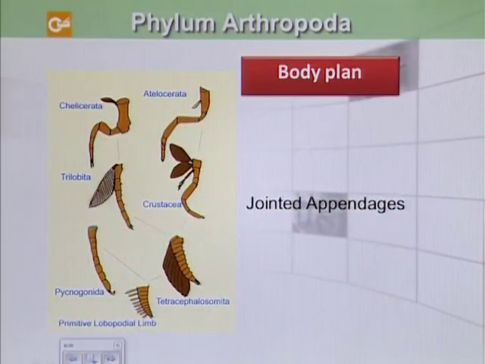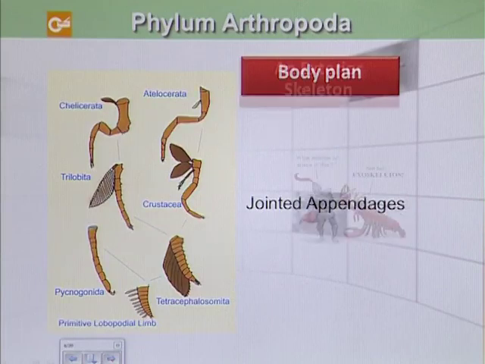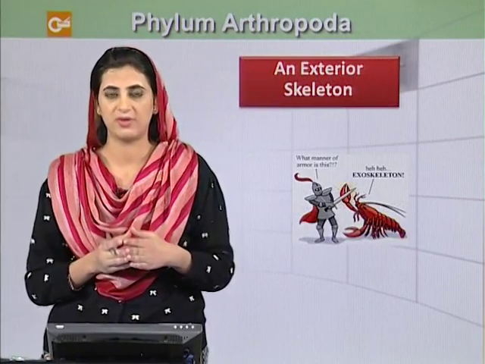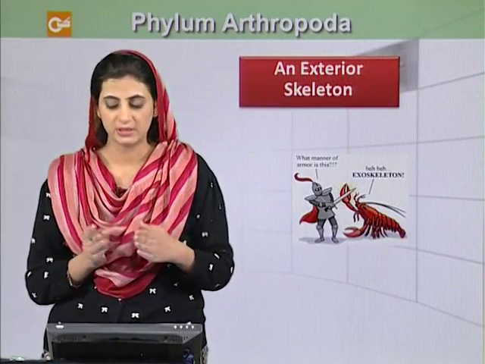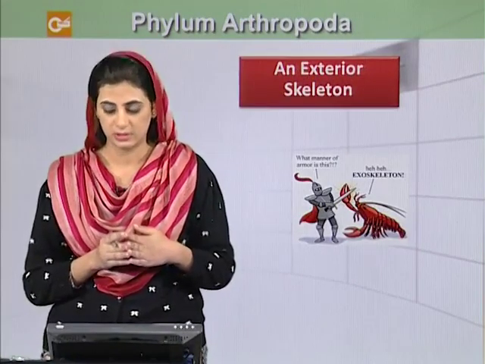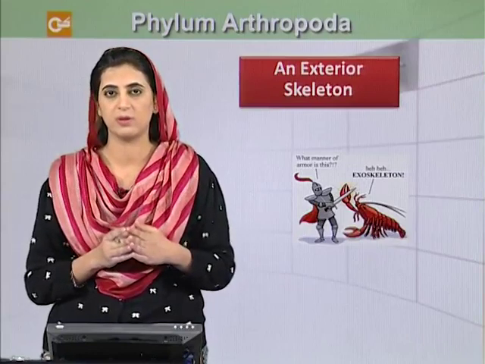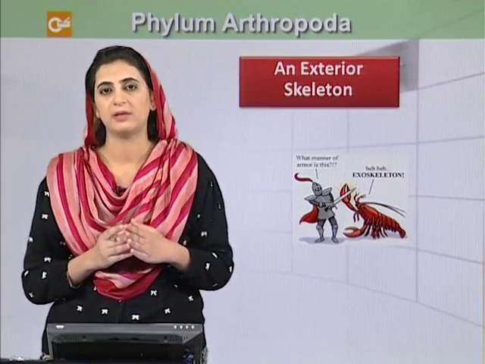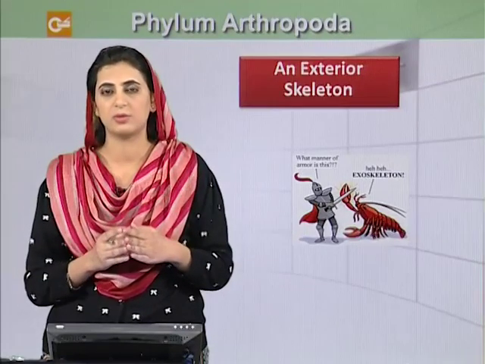And they consist of jointed appendages. It is one of the innovations of this phylum that they have jointed appendages, and these appendages are then modified for walking, for example legs, or they may be modified as mouth parts. And then another innovation in this phylum is that of exterior skeleton, which is made up of chitin, and it is hard, and internally it is connected to the muscles.